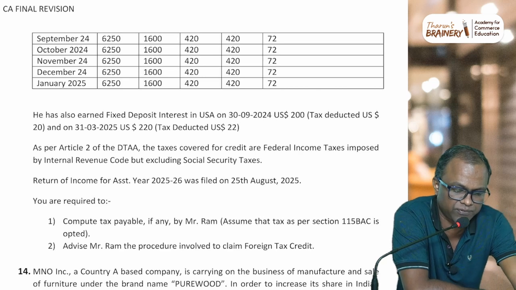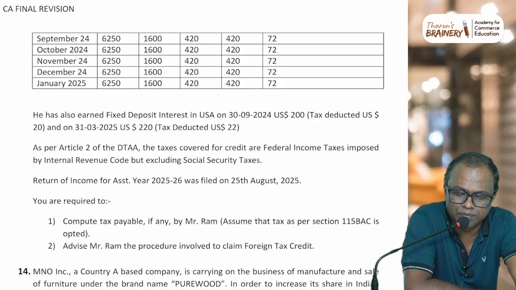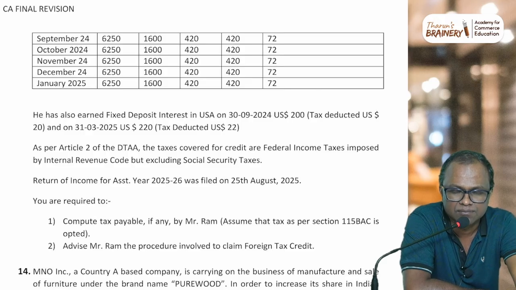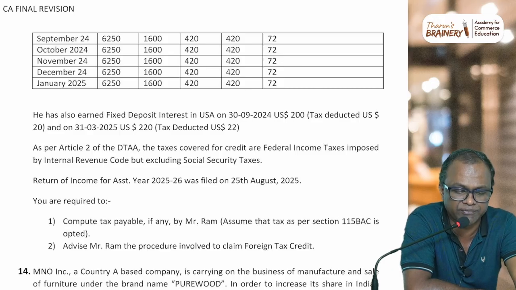See, this FD interest cannot be taxed in India because it accrued in US and was received in US, because his status is resident but not ordinarily resident. If his status was resident and ordinarily resident, then global income is taxable and that can be taxed here. But here only 2 foreign incomes can be taxed, foreign business and foreign profession. This FD interest cannot be taxed here, so it is not at all taxable. You have to put a note on that.